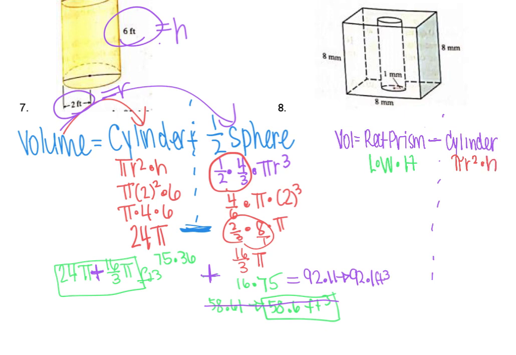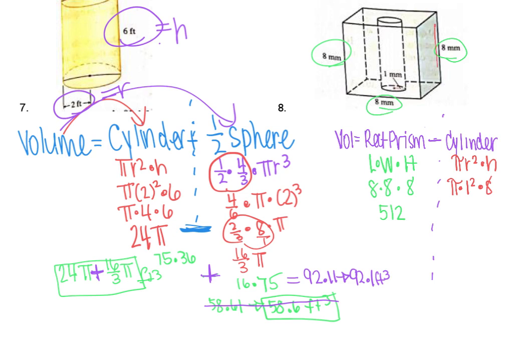So, in order to do the length, width, and height, we have 8, 8, and 8. So this is actually a cube, even though it doesn't really look like it from the picture. So I have 8 times 8 times 8. You can calculate a cube as you would a rectangular prism. That's not going to mess you up, because 8 times 8 times 8 is the same as 8 to the third. So you get 512 for that one. Now my cylinder in the middle here, I have a radius of 1, I square that, and then a height of 8.